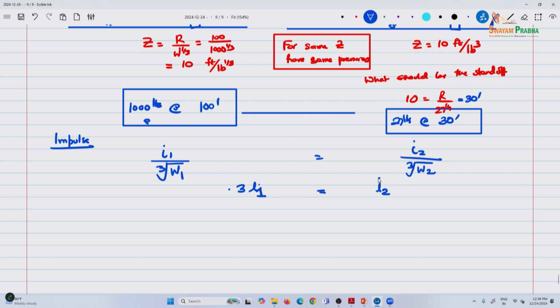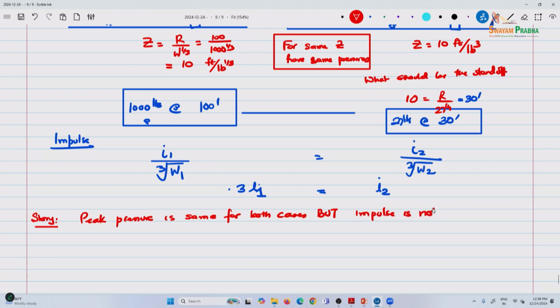So for peak pressure, note the difference. It's a simple example, but there is a story behind this. Each one of these has something to focus on from a concept, from the response perspective. The peak pressure is the same for both cases, but impulse is not.